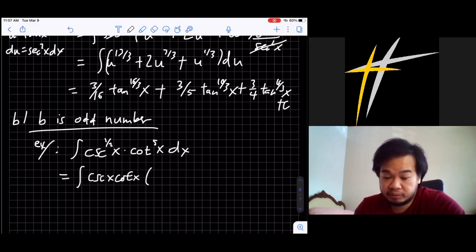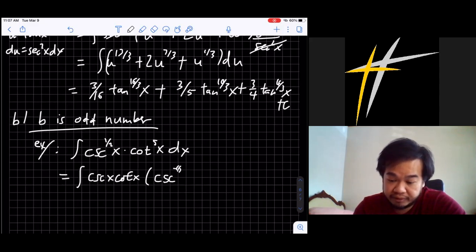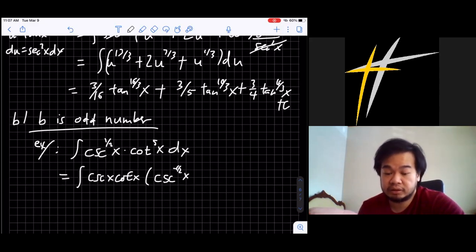So the rest will be, you have cosecant power of half, you factor out the cosecant x, so you need to add cosecant power of negative half. Because if you multiply, it's power of 1 and power of negative half, so it becomes power of half, the original one. And then the cotangent is cotangent power 4 x dx.